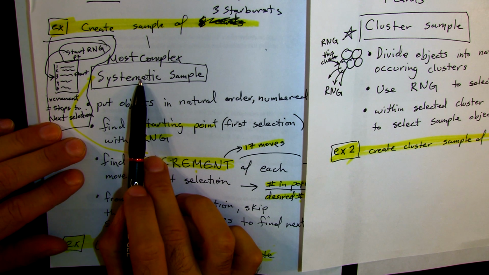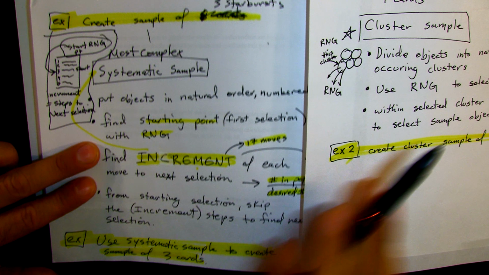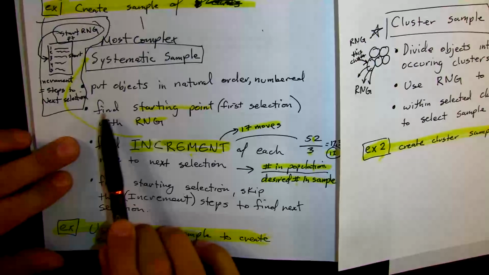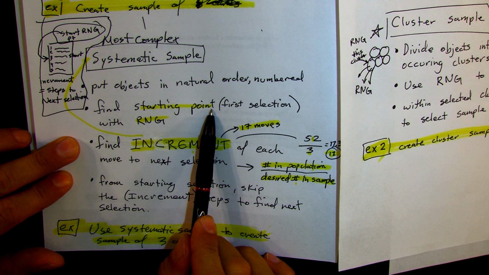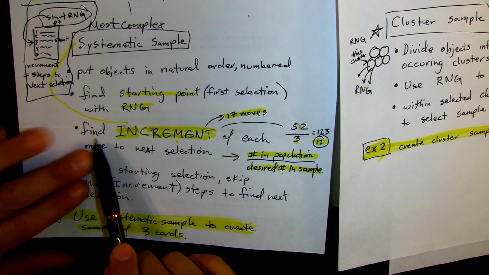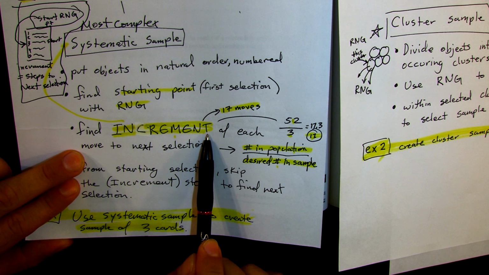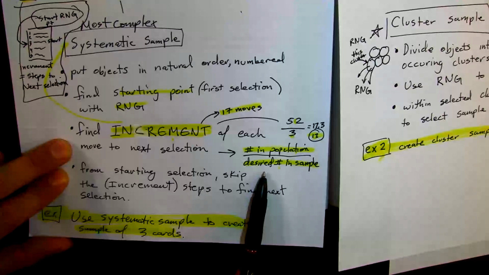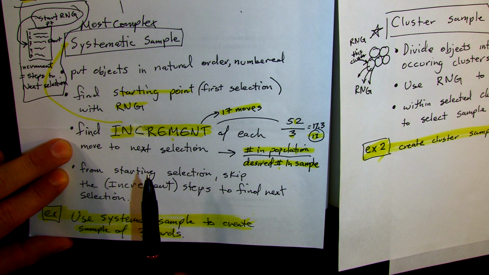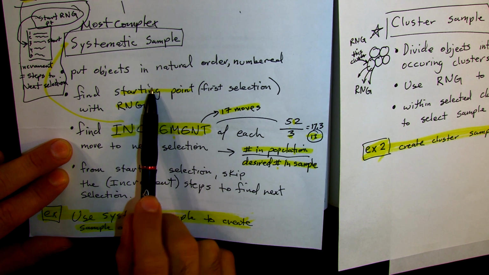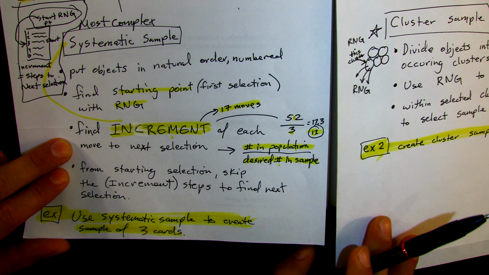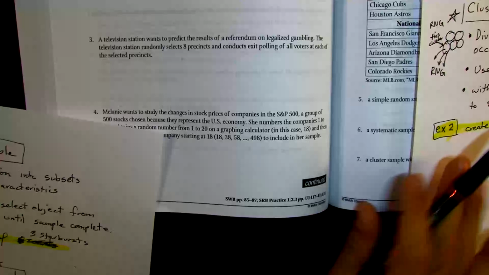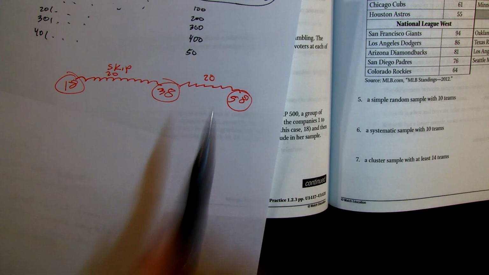Systematic sample works because look what we do. We have to put the objects in natural order. We have to find the starting point, right? And then we have to find the increment, 20 moves to get to your next spot. Now, they had a particular method in finding the starting point, but the hints for this are that we had this starting point that they found.